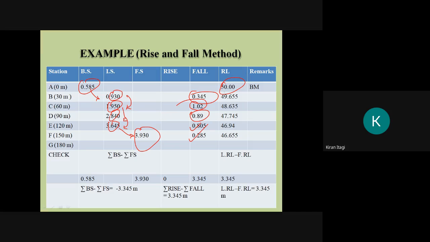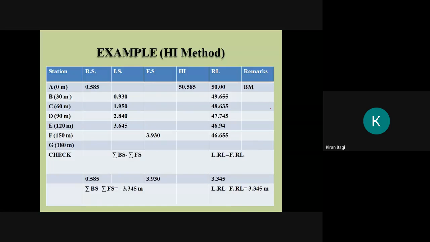Instead of giving 100, he has given 50. Therefore, this minus this, we go on subtracting all the RLs. So after that, what you do? Go for check. See whether all the values are the same or not. Okay, this is how we do it in the rise and fall method.